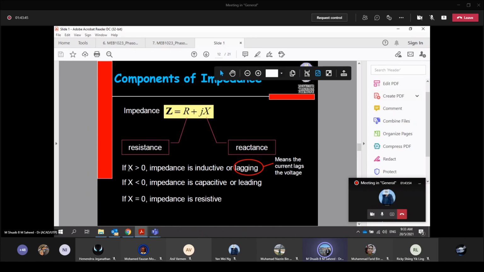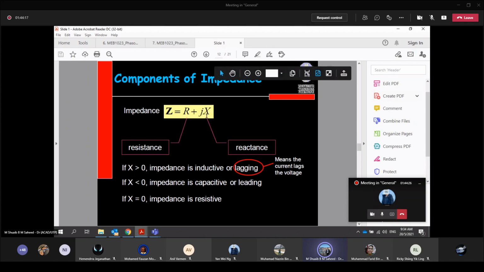So in the case of X more than 0, the impedance is inductive or lagging, meaning the current lags the voltage. We can imply that just by looking at the impedance. If the X is less than 0, meaning negative, meaning you have R minus jX, it shows that the impedance is capacitive or leading. Leading here means current leads the voltage.